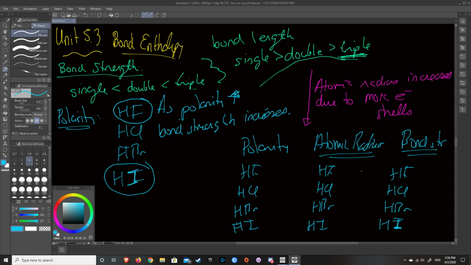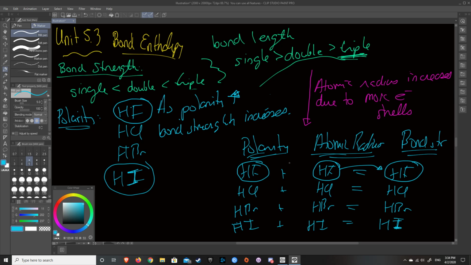We're trying to say that the polarity of the bond plus the atomic radius equals the bond strength. So for polarity, HF is more polar, therefore it should probably have a stronger bond strength. But also HF has a smaller atomic radius, which means it also has a bigger bond strength.